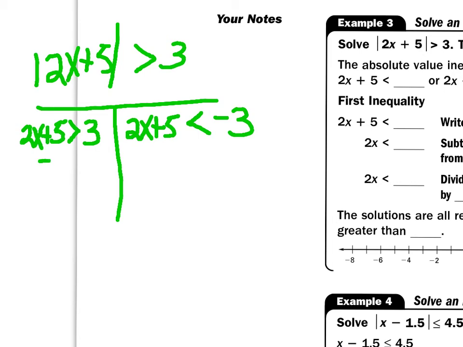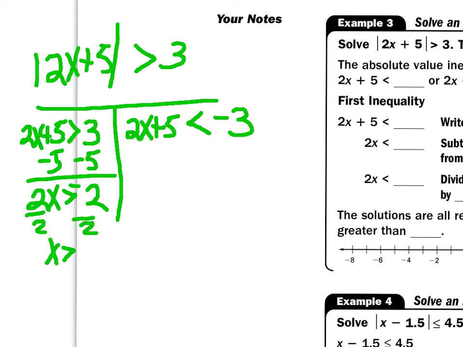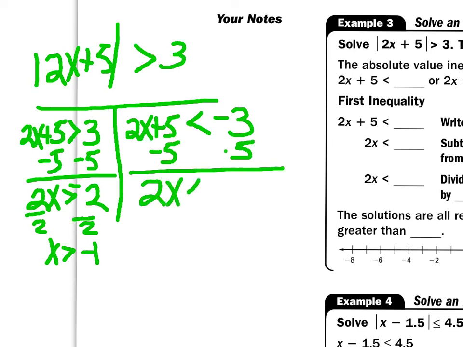Now I just solve each side, just like a regular equation. So I have 2x is greater than negative 2, divided by 2. x is greater than negative 1, or solve my other side, minus 5. 2x is less than negative 8, divide by 2, x is less than negative 4.